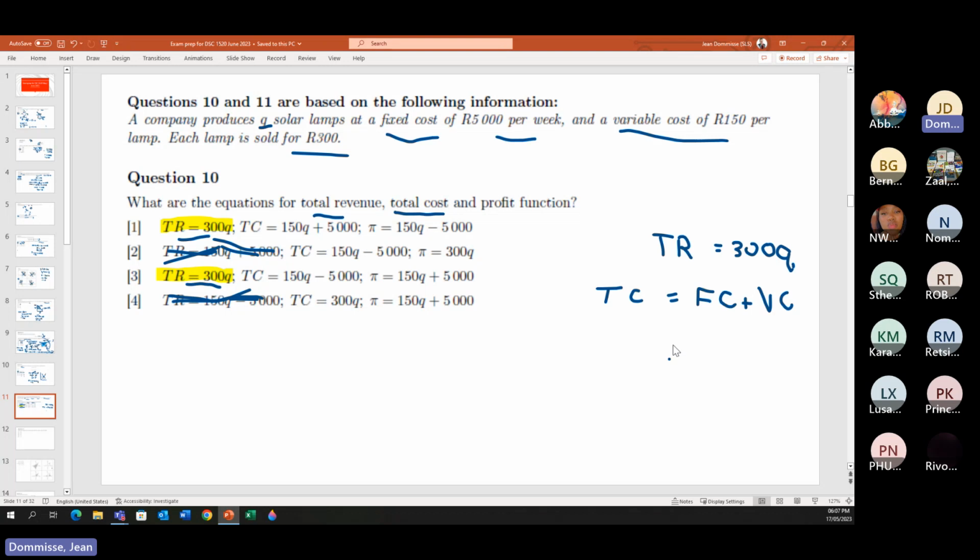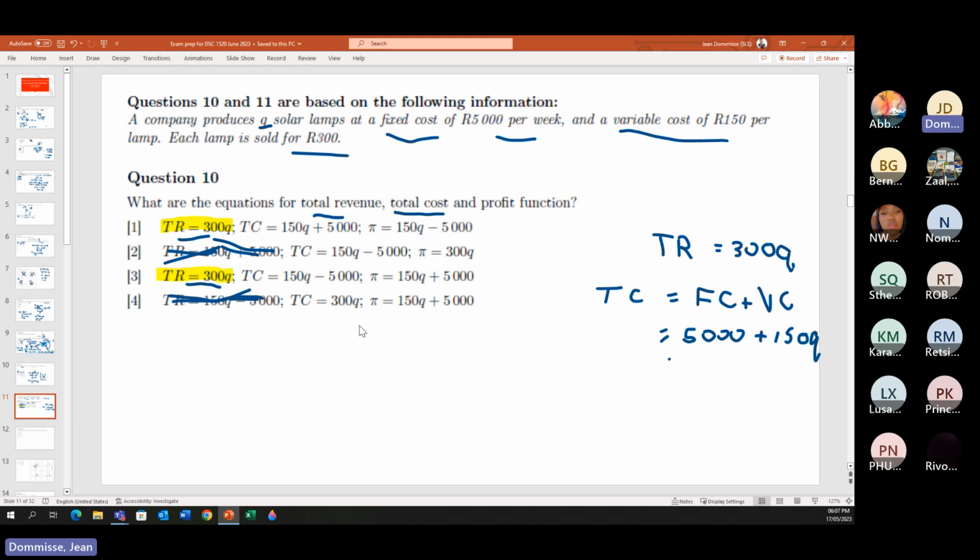They told us a company produces Q solar lamps at a fixed cost of 5,000 plus a variable cost of 150, so 150Q.